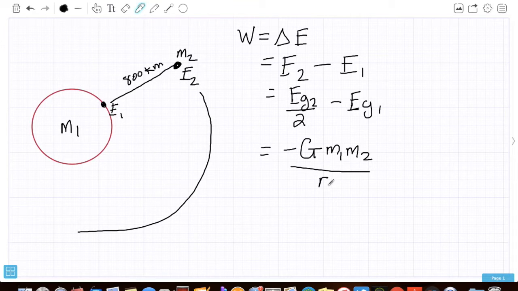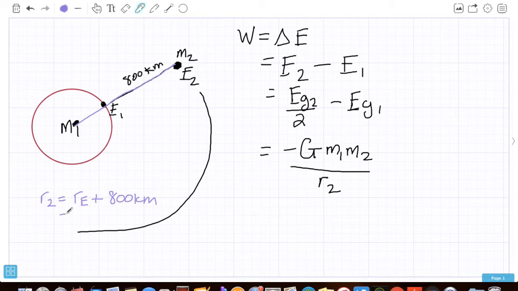R2. Now where's R2 on this picture? Well, R2 is not 800 kilometers. R2 is actually measured from the center of the object, which we're assuming is a point, to the center of the Earth. So let's use a different color here. So this purple line is R2. So R2 is actually the sum of the radius of the Earth plus 800 kilometers.